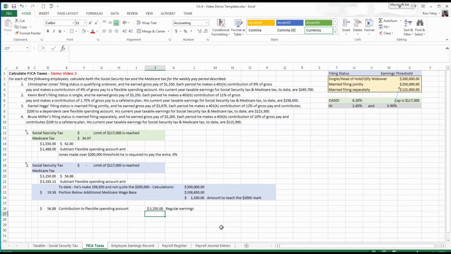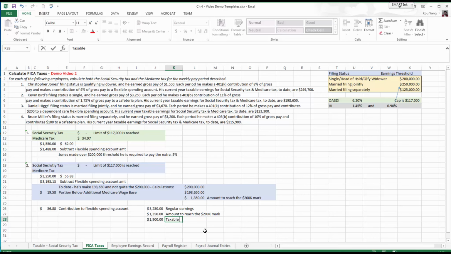I'm going to subtract the amount that was needed to reach the 200,000 mark to arrive at the amount that is taxable.